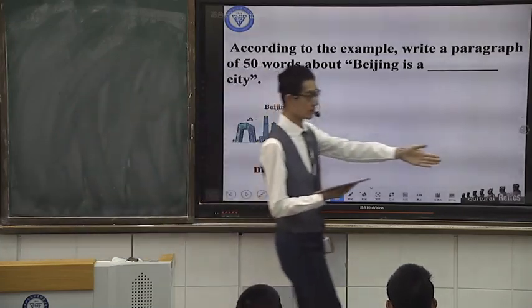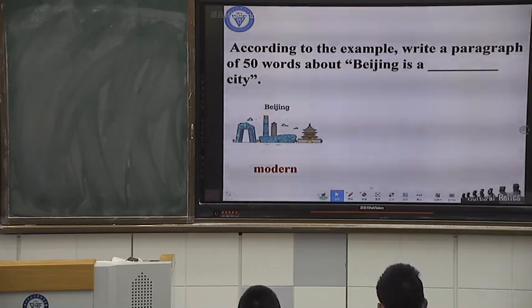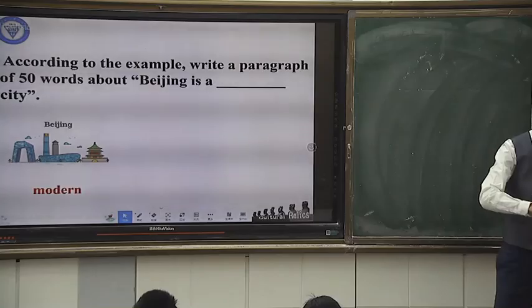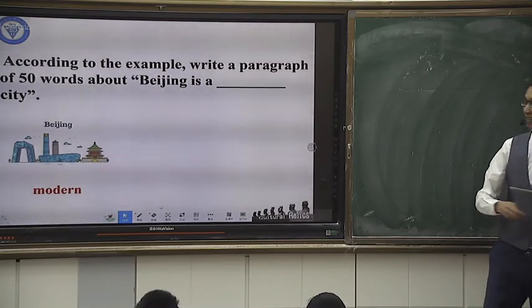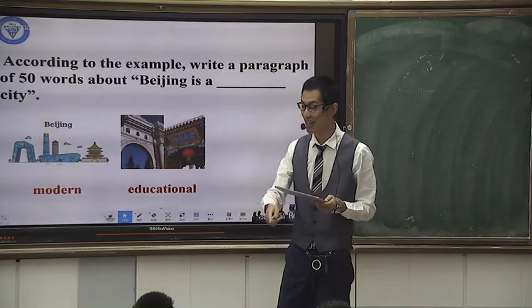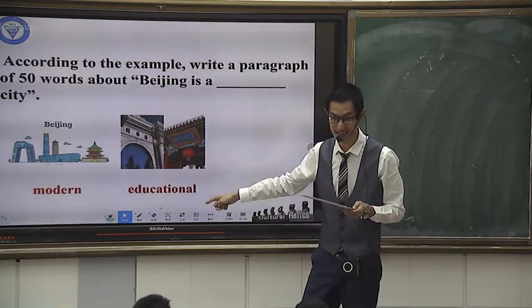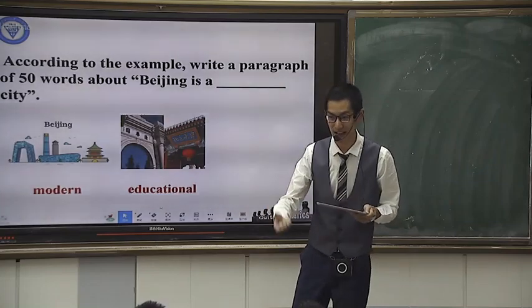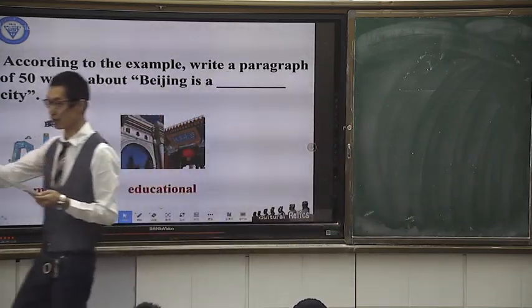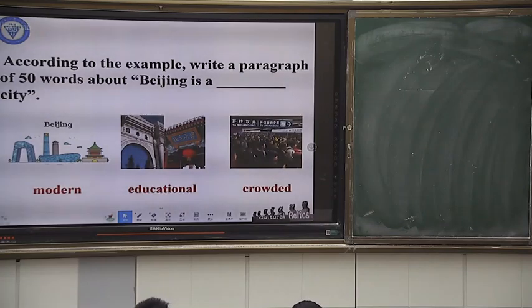Group 1. This is group 1. You are going to write, the keyword for you is modern. You are going to write Beijing is a modern city, okay, with some facts. And group 2, you are going to write Beijing is an educational city, okay, and give facts to support it. And group 3, you are going to write Beijing is a crowded city, okay, give facts to support your opinion.